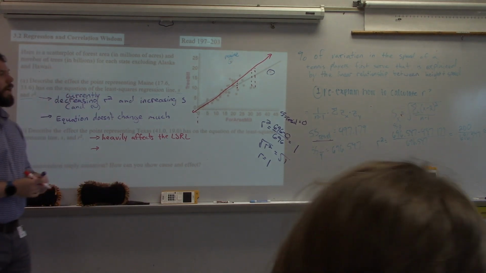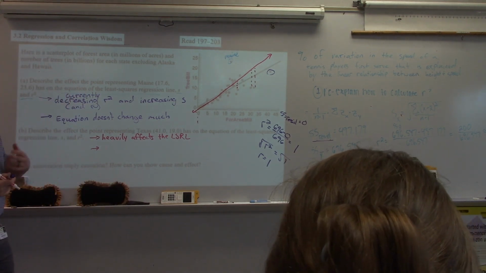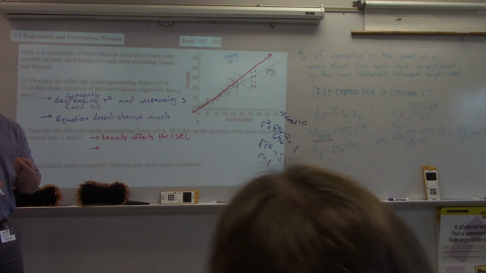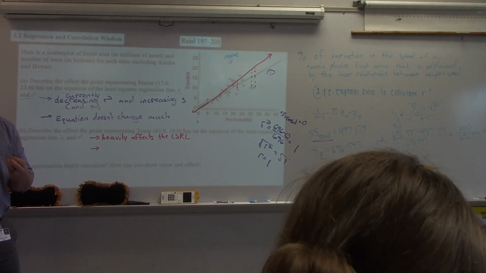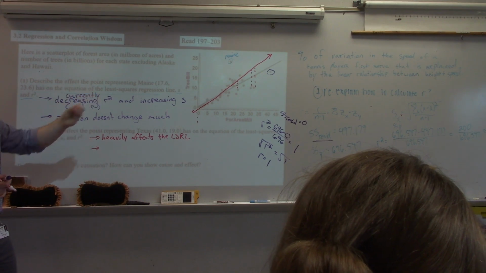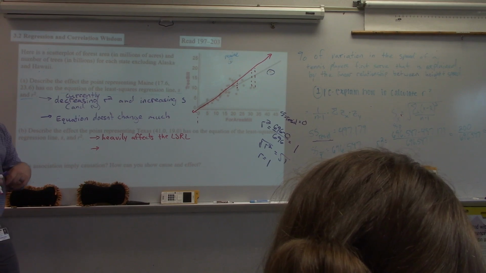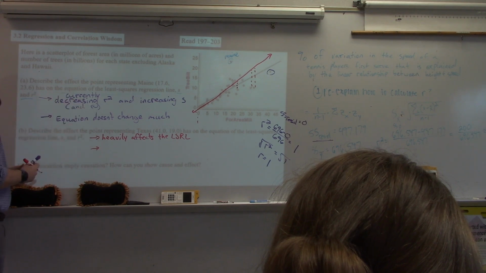Typically, though, and I will say this, typically, a good rule of thumb is a high leverage point reduces the variation, reduces r squared. So if I get rid of that data point, what's going to happen to r squared? It's going to, no, decrease, right? Yeah, sorry, so that point reduced the variation, so if we get rid of it, the spread is going to increase.